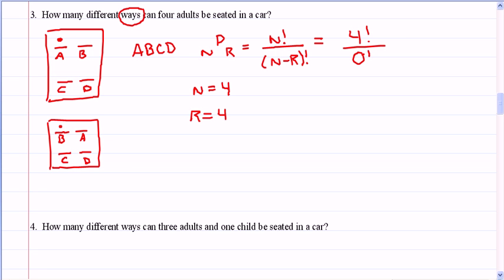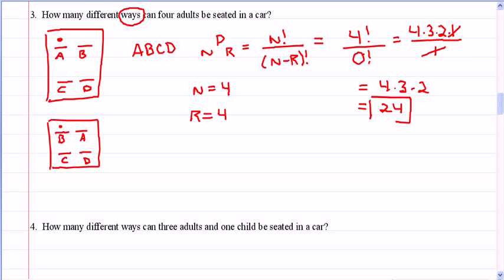N minus r is 0. So I multiply at the numerator, and 0 factorial by definition is equal to 1. The 1's cancel, and I'm left with 4 times 3 times 2, which is equal to 24. So you have 24 different ways that the 4 people could be seated in the car.